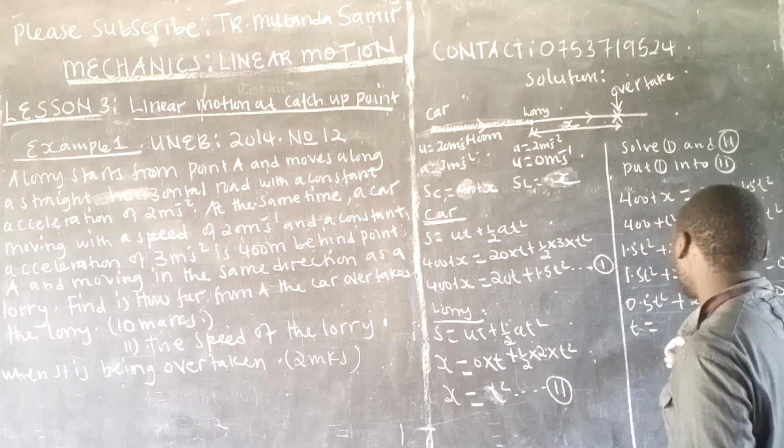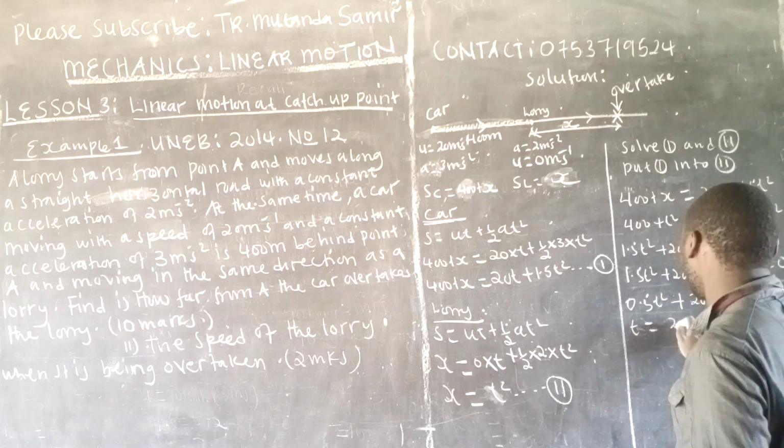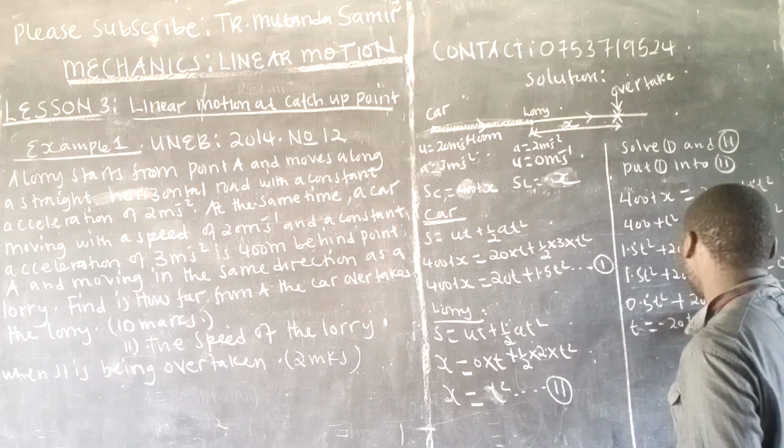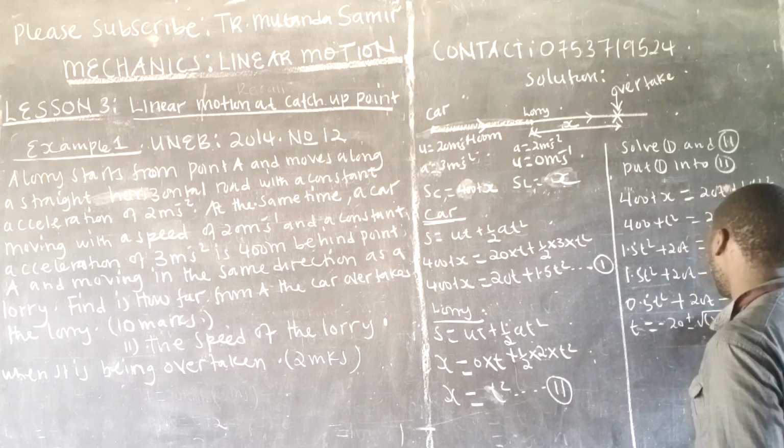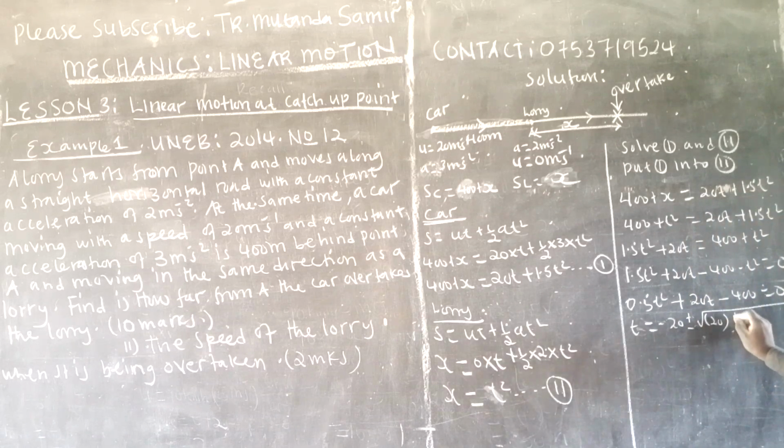So t will be equal to negative 20 plus or minus the square root of 20 squared, minus 4 into 0.5 into negative 400, over 2 into 0.5. I'm using the formula to solve that quadratic equation, which you must know from your algebra.